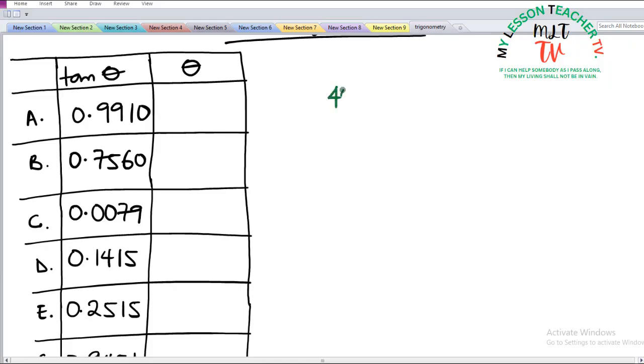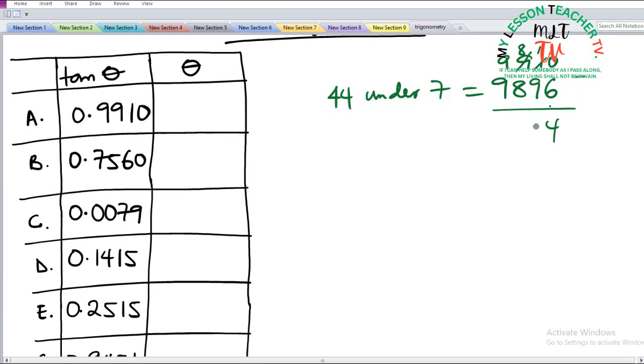This is 44 under 7, which gave us 0.9896, but we are looking for 0.9910. So we are going to find the difference. This is 4, this is 8, 10, 1. So we are looking for a difference of 14.